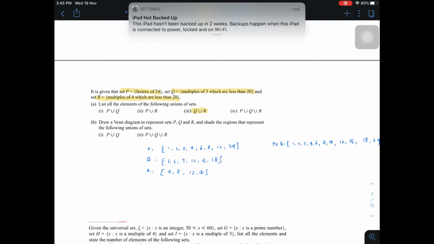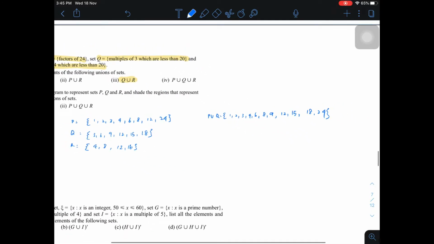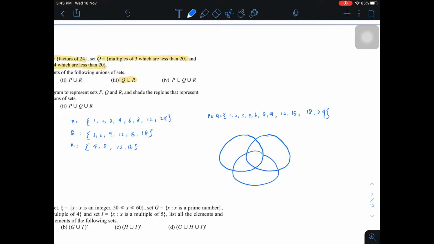And then they want us to draw a Venn diagram to represent the set of P, Q, R. So we draw a total set, and I'll show you how to shape. Right.